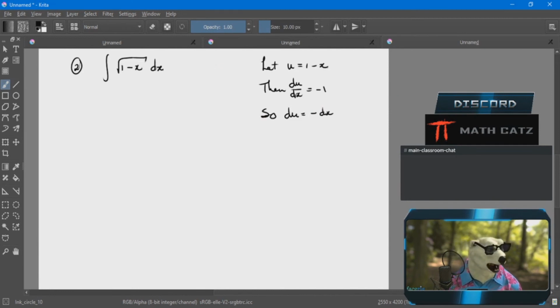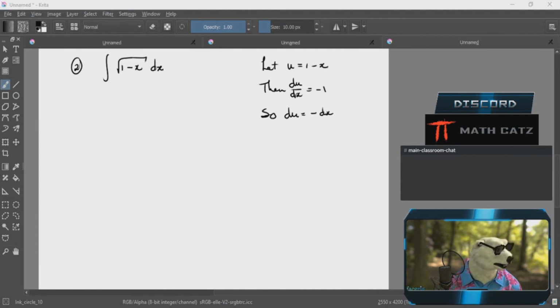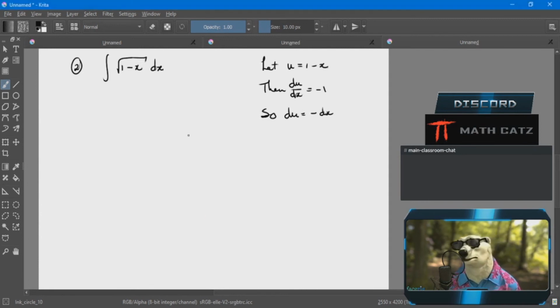I don't really have to think much about it. It does allow me to rewrite the square root, but in order for me to bring in a du, I need to see a -1 and a dx, and I don't see a -1 there. So I want to correct that first.